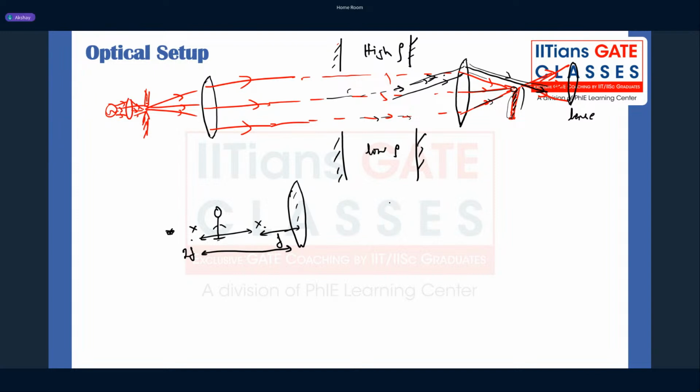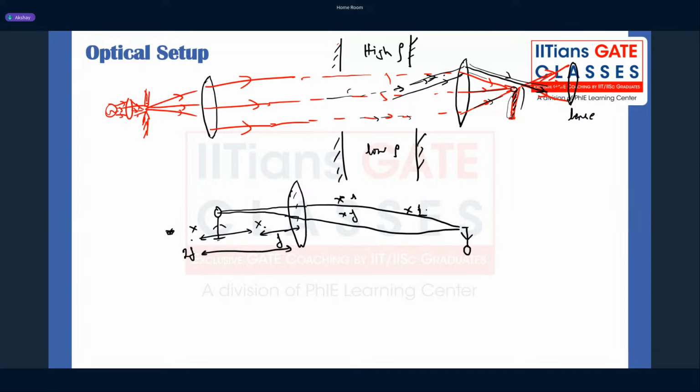The image of the object will fall somewhere beyond 2f, right? So it is not going to fall at either f or 2f.